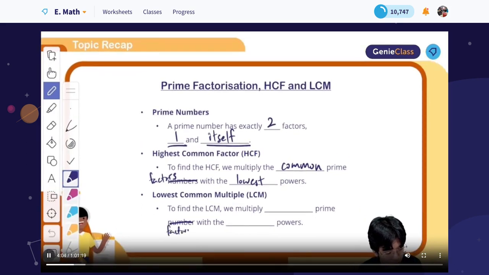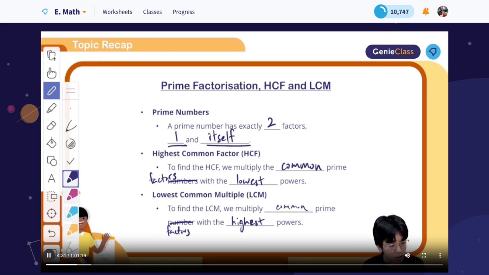So to find LCM, we multiply the common prime factors with the highest powers. It's the opposite. If you want to find HCF, you take the lowest powers. If you want to find the LCM, you take the highest powers. Okay?